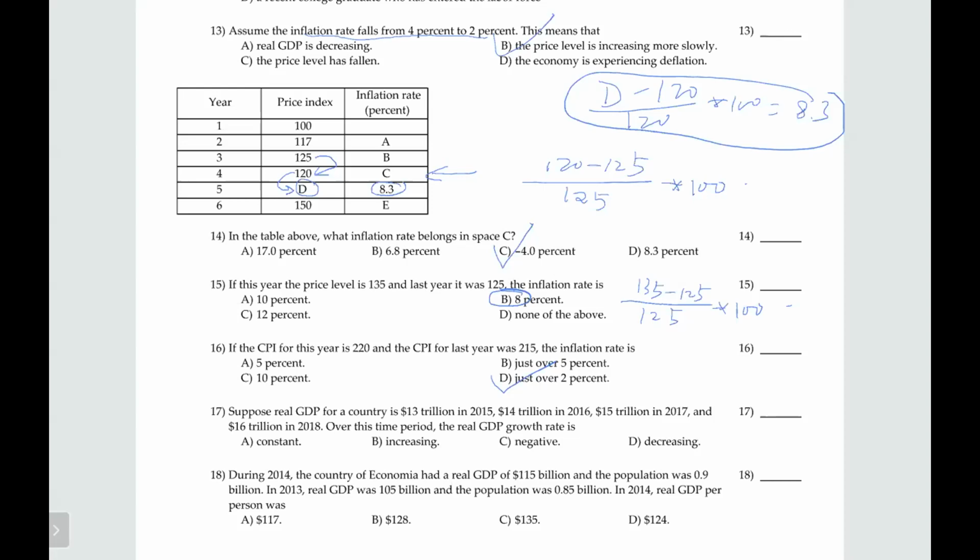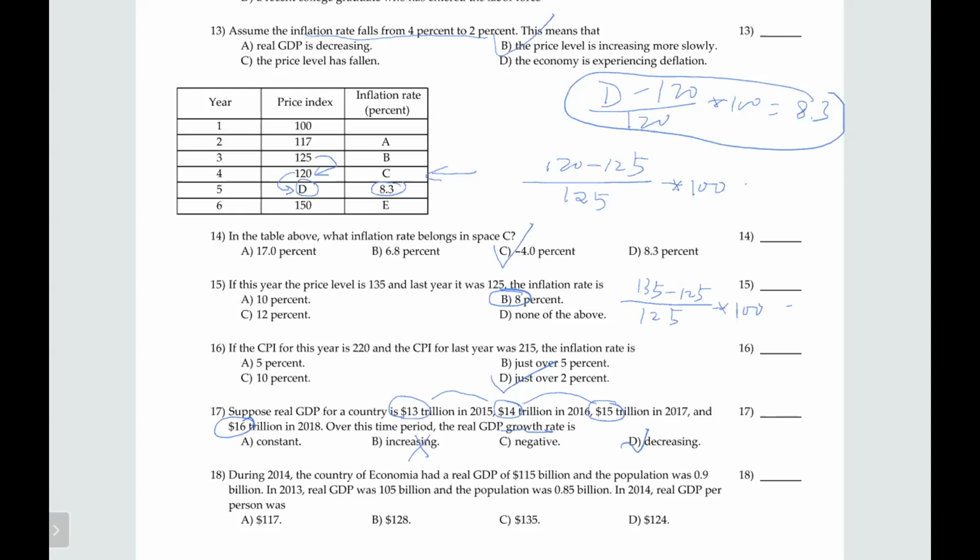The economy grew from 13 to 14 to 15 to 16, and usually students answer that the real GDP growth rate is increasing. Actually, this is not correct. The question asks you for the growth rate. The real GDP itself grew from 13 to 14, 14 to 15, 15 to 16. It is growing, but the growth rate, unfortunately, is decreasing.